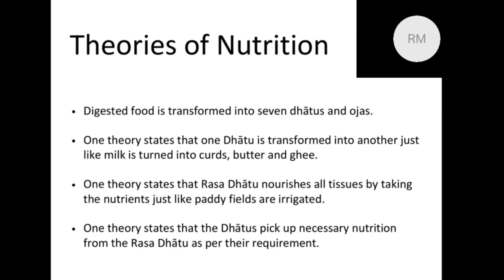So we can say that the paddy field irrigation is transport without need of energy expenditure, whereas active transport requires energy expenditure. So this is the basic difference between the active and passive transport.